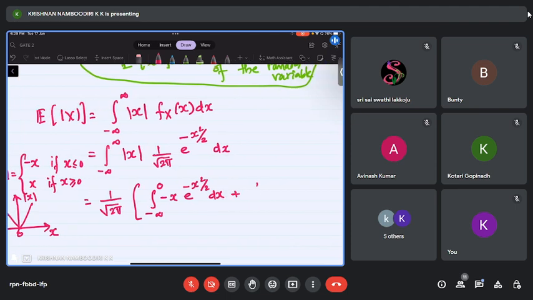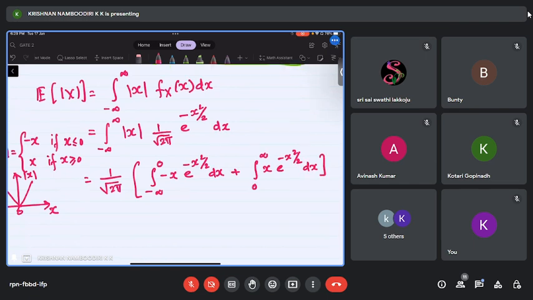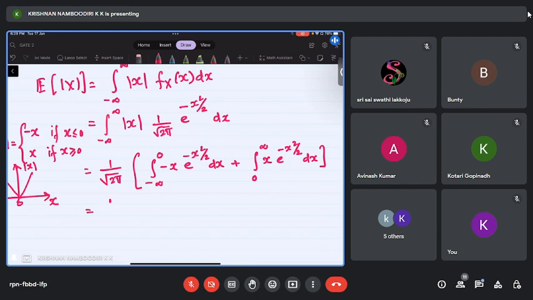Plus integral 0 to infinity, in that region modulus of x is nothing but x, e power minus x square by 2 dx, correct? So which is equal to 1 by root 2 pi into, what is this integral? First, let us consider this. Both of them are the same. It is only a matter of a minus symbol and the limit, correct?